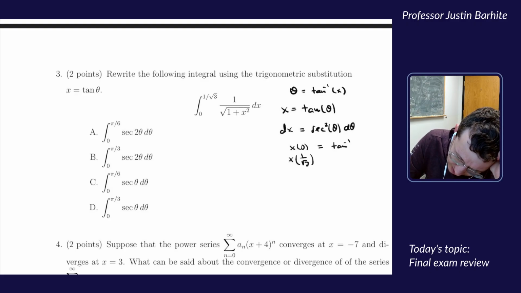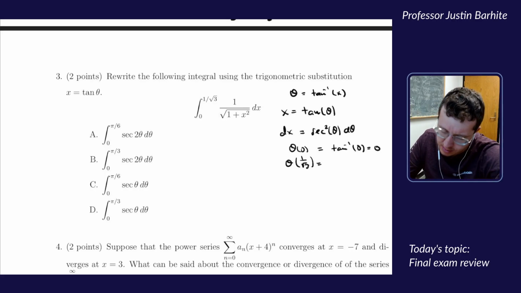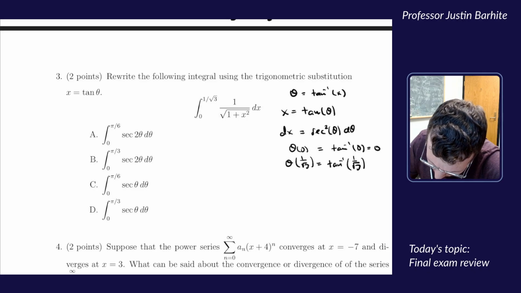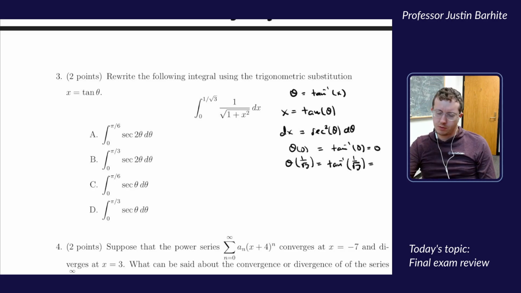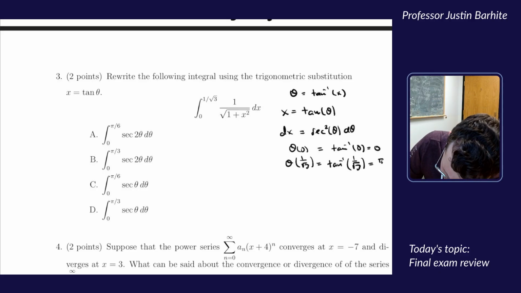So when x is 0, theta is the inverse tangent of 0, which is 0. And when x is 1 over root 3, theta is the inverse tangent of 1 over root 3, which is 30 degrees, or pi over 6.